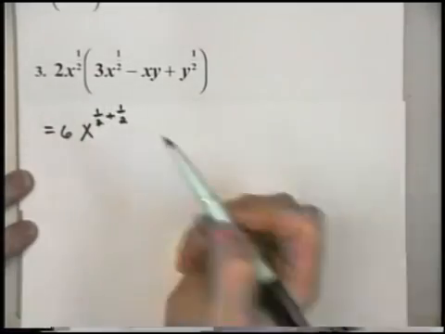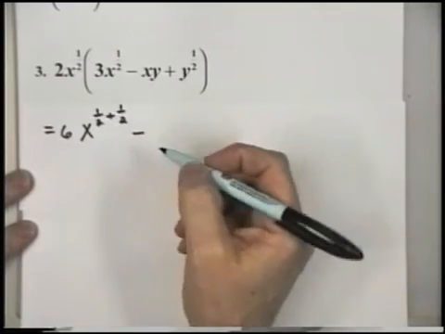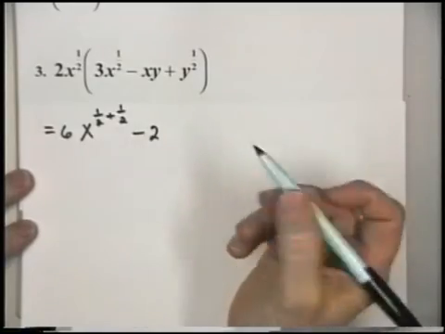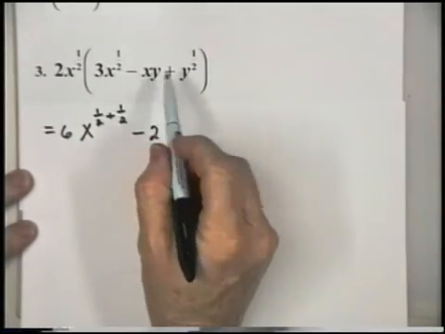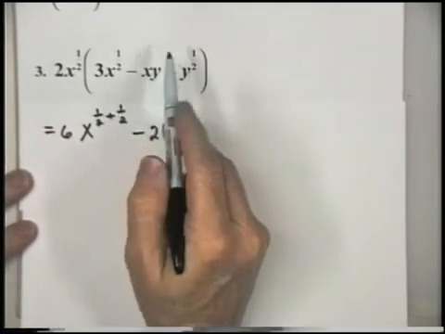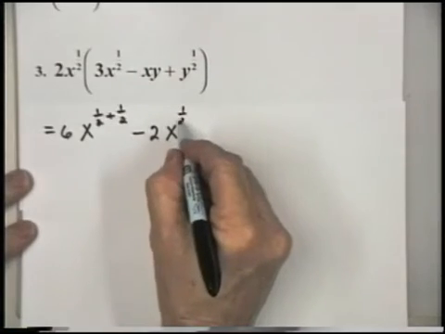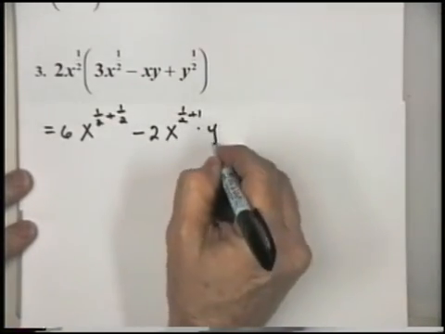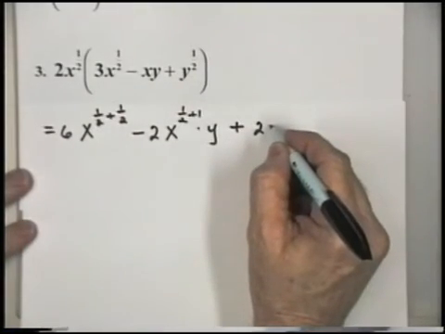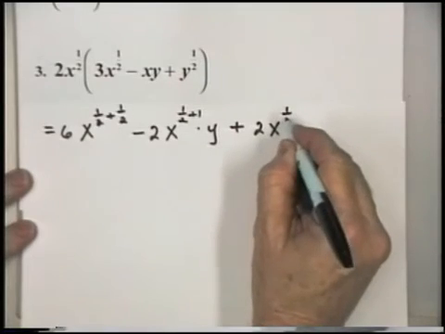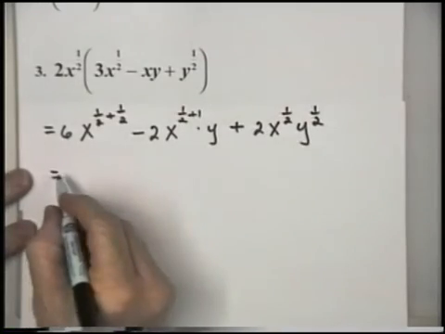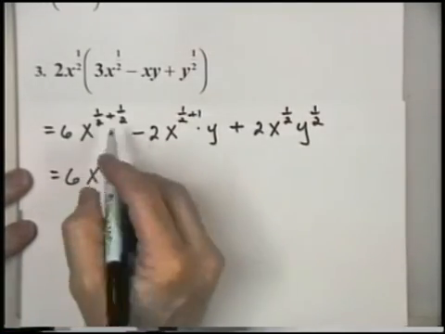Well, that's x to the 1/2 plus 1/2 because those are the same bases, minus, over here, 2 times a negative, or -1, is a -2. x to the 1/2 times x to the 1 is x to the 1/2 plus 1, times y, plus, over here there's nothing we can really do but just show the product, 2x to the 1/2 y to the 1/2.